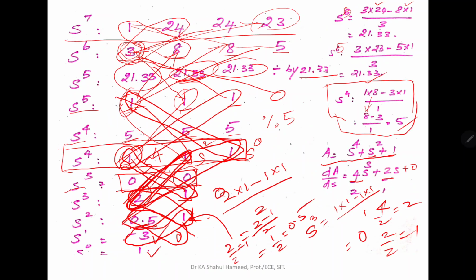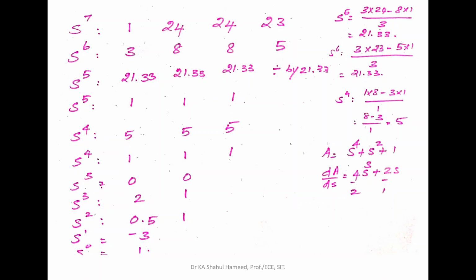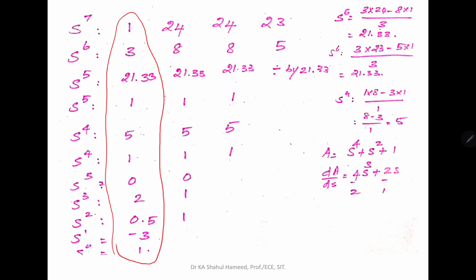After forming the Routh array, we have to look at the first column. If all the entries are positive and real, then there is no problem. If all are positive, we can say that the system is stable.